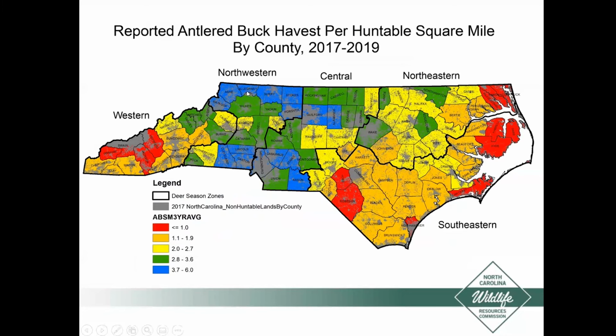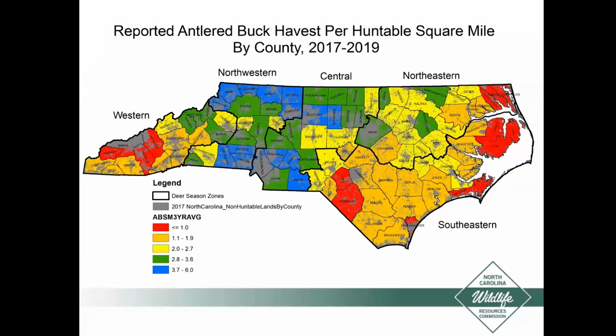Our number one objective, the most important objective, is we want to have a sustainable harvest of our deer herd, and we want to keep deer density well below carrying capacity of the land, what the habitat can support. And we think that our antler buck harvest per huntable square mile, the reported antler buck harvest, is a good index of deer density.